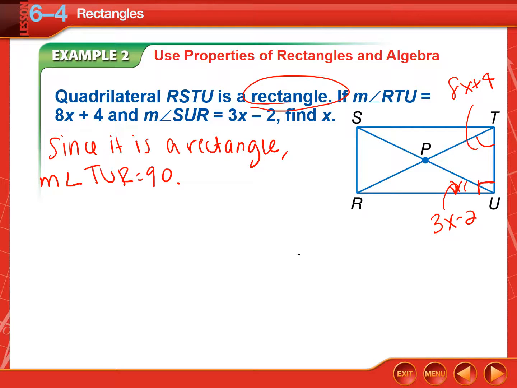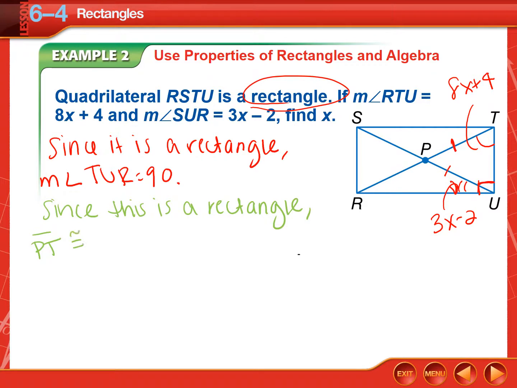So we also know that since the diagonals bisect each other, since it's a parallelogram, and also that the diagonals are congruent, we know that PT is going to be congruent to PU. So we're going to go ahead and say that since this is a rectangle, again, we're going to just rewrite that.